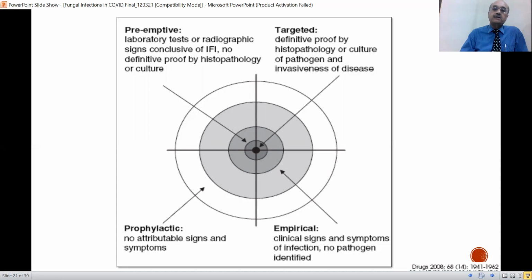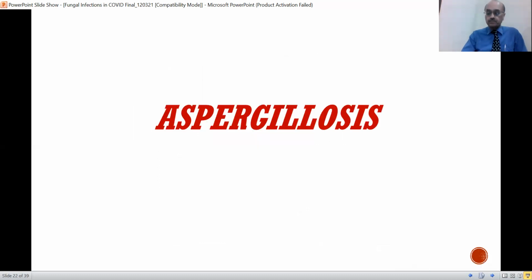The targeted is definite, where there is definite evidence by histopathology or culture of the fungal pathogen and invasiveness of the disease. But it is very, very rare to get a firm diagnosis in these patients. So it is predominantly the empirical and the preemptive where we have to plan our antifungal therapy.